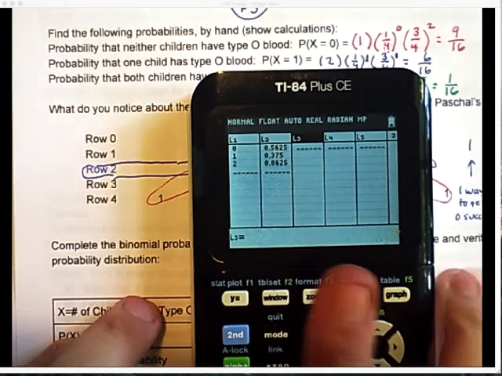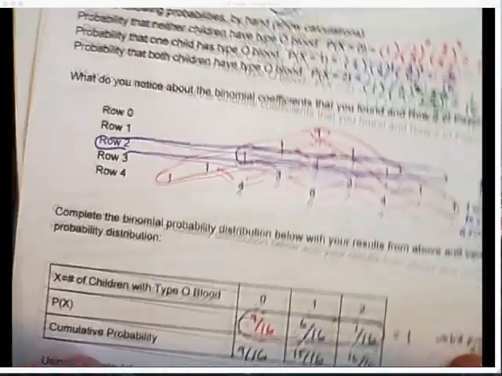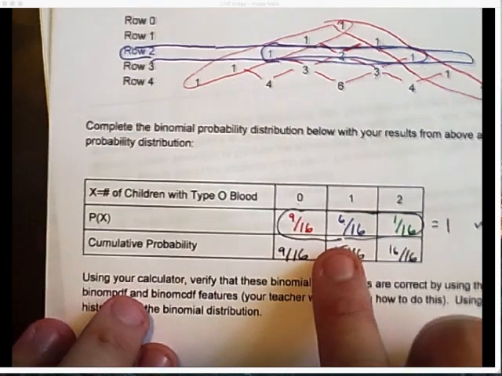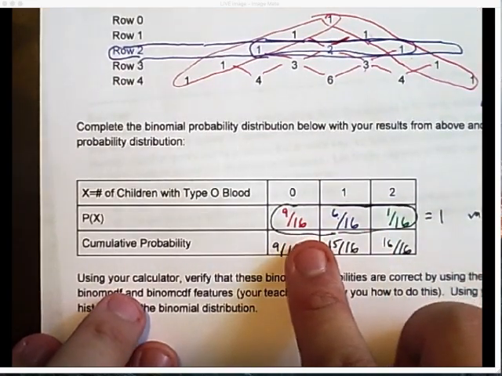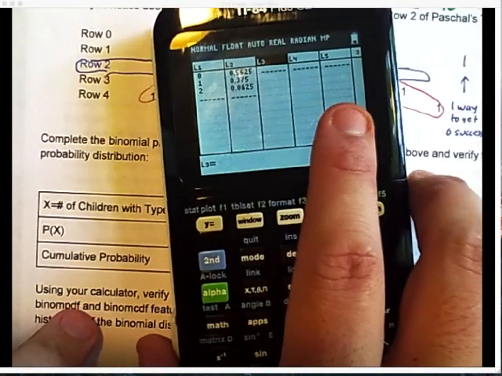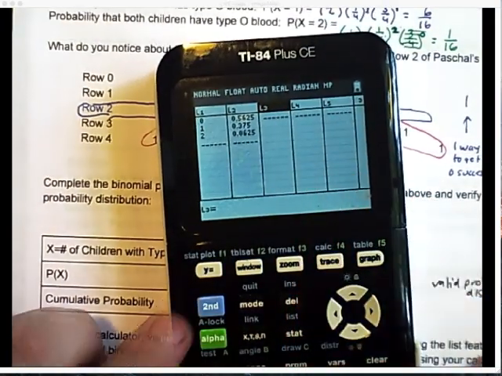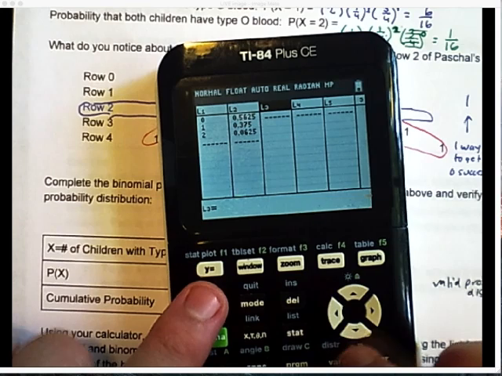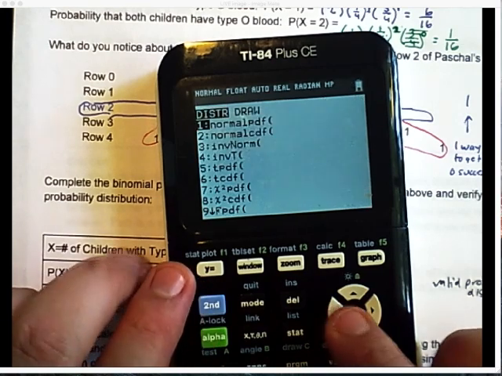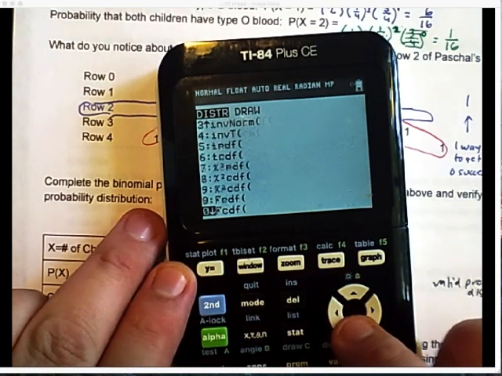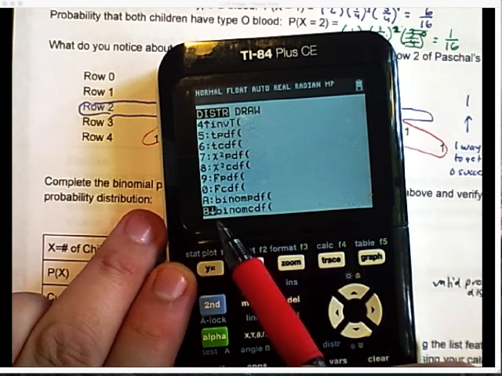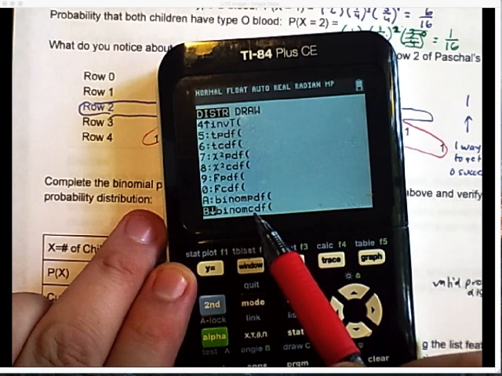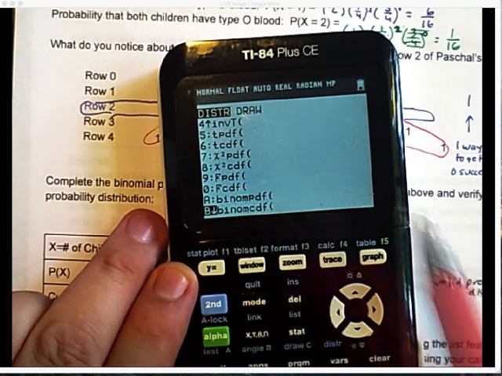Now, in this chart, we talked about cumulative probabilities. All right, what's the chance that one or less children have type O blood? Well, there's a button for that too. Okay. Instead of using the binom PDF, if I go back under my distributions menu, there's something called binom CDF, which stands for binomial cumulative density function.